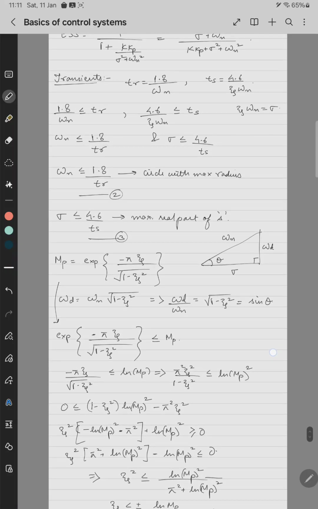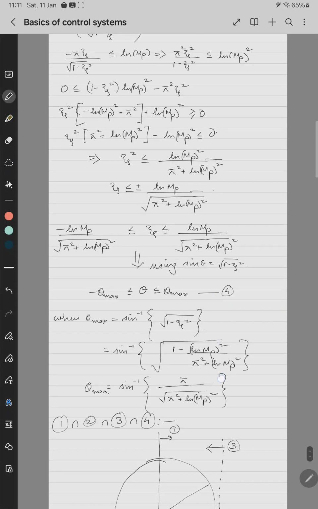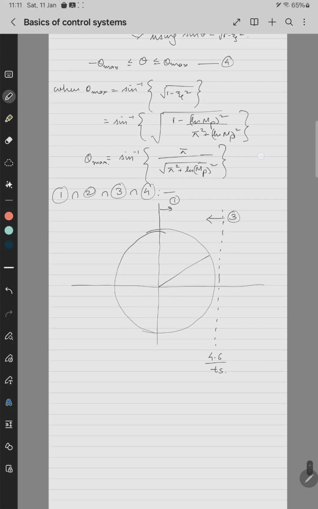So we'll draw a circle with the radius of 1.8 by tr, equation number 2. This is 1.8 by tr, this radius, so it has to be inside the circle.